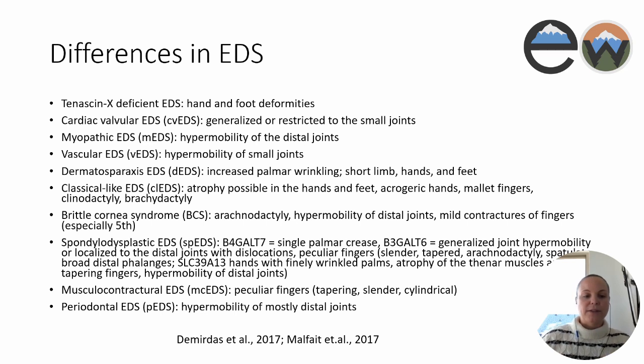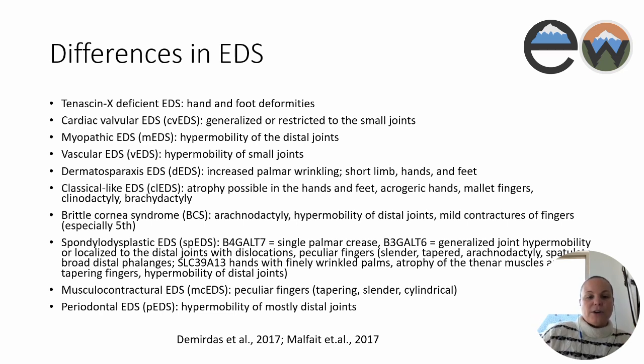Acrogeric means that they look more elderly than the biological age of the patient, so aged-looking fingers. Mallet fingers as well, so changing of the shape of the fingers with some tendon problems that might happen. Clinodactyly is usually an inward shift of the finger, a curved inward position of the finger, and brachydactyly is shortening of the fingers.